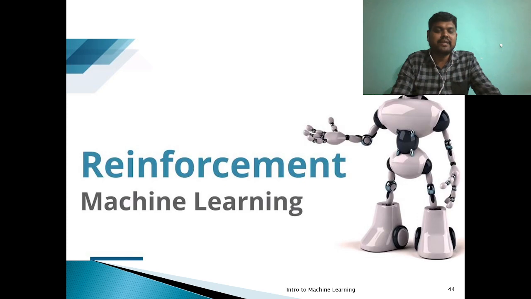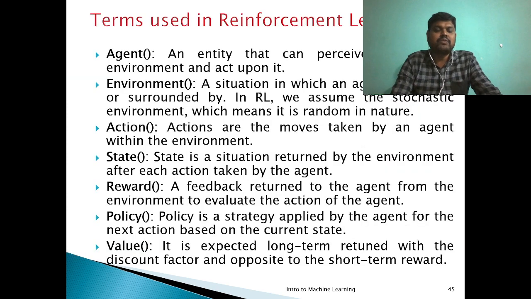So the third category is reinforcement machine learning. So reinforcement machine learning is based on an agent and environment. So it is reward based, right? So if the machine learning model predicts correctly, then the model will be rewarded, right?